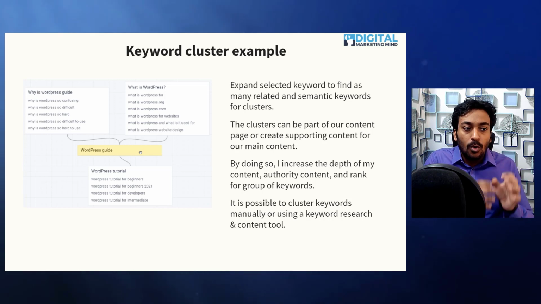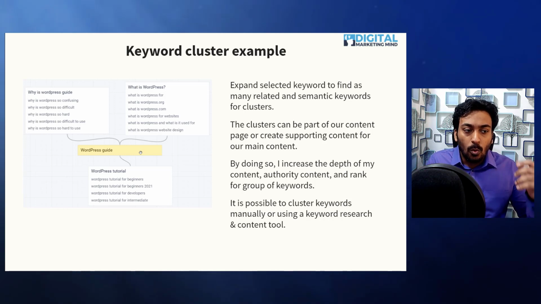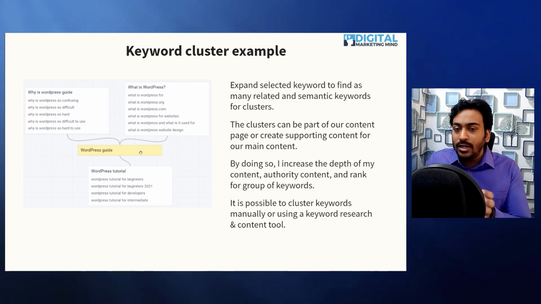For example, what is WordPress can contain several sections such as what is WordPress for, what is WordPress.org, what is WordPress.com, what is WordPress for website, what is WordPress and what is it used for, and so on.